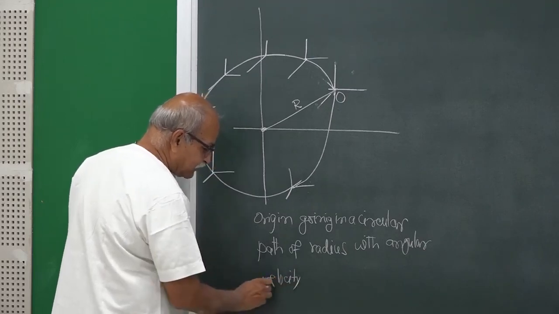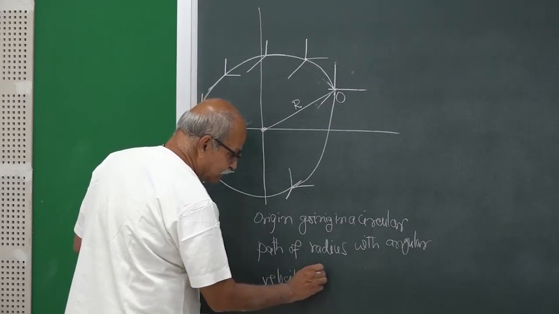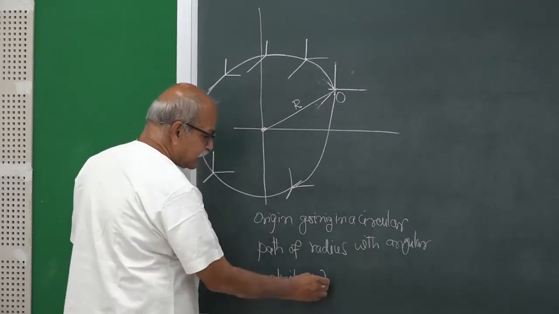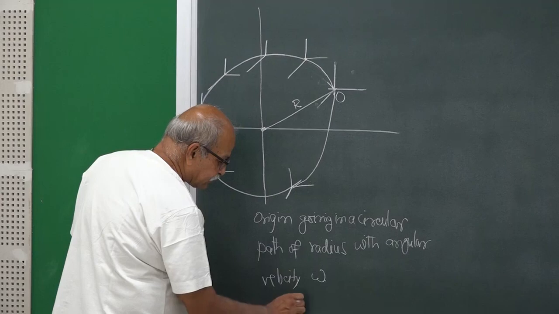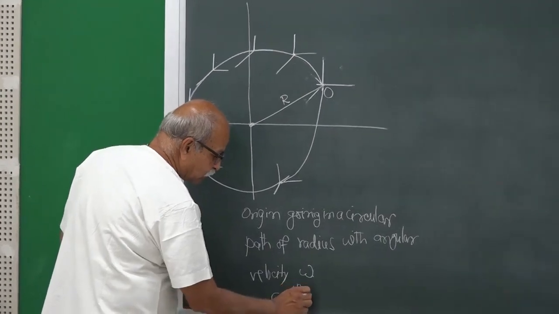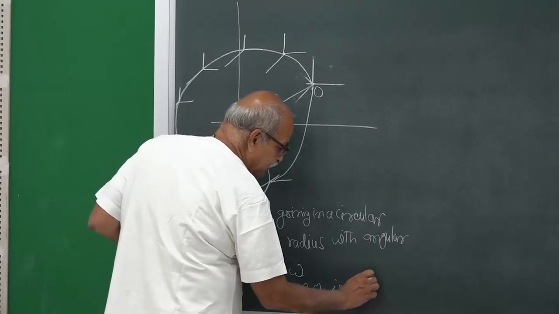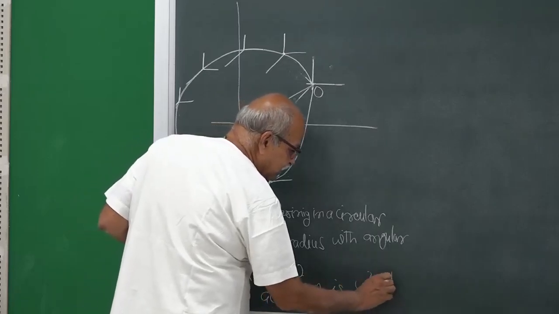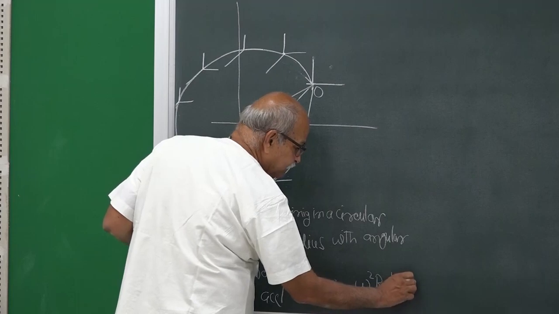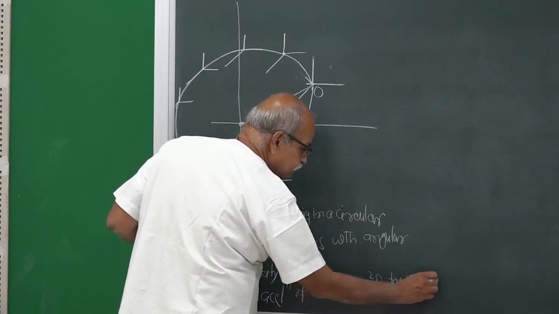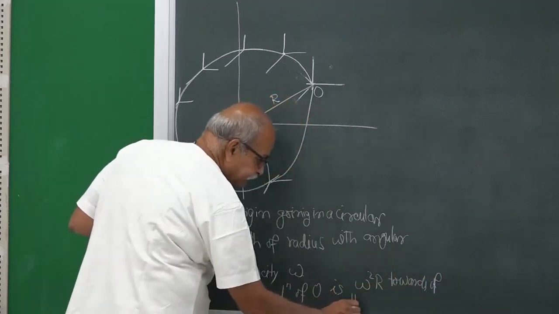For one particle I can always define an angular velocity omega. And hence the acceleration of O is omega square into r towards the center of the circle.